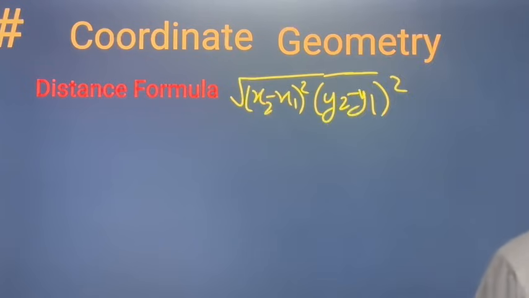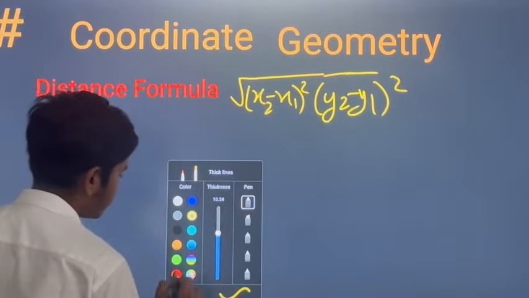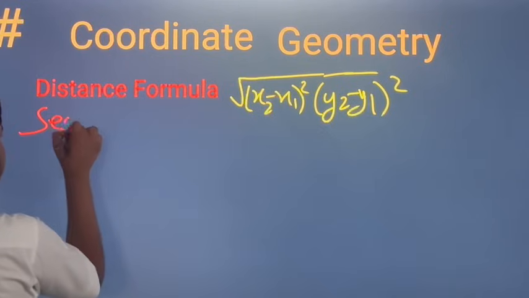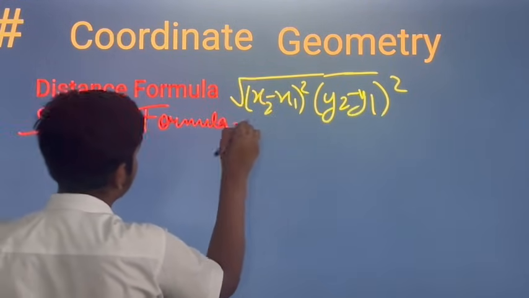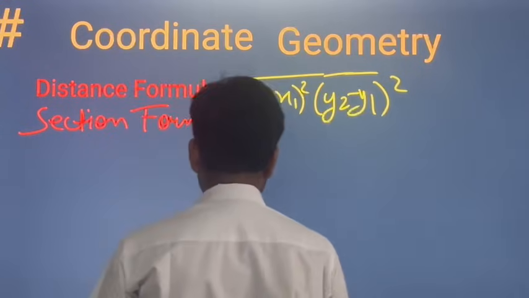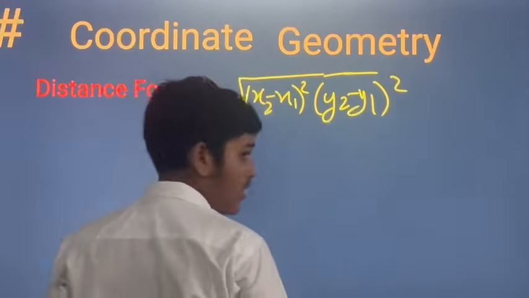And second is section formula. It's a very easy formula in this chapter, coordinate geometry.